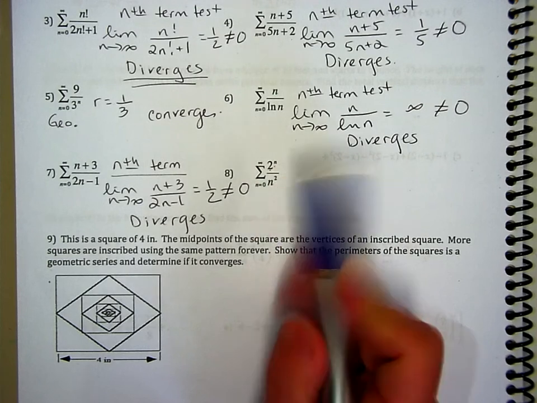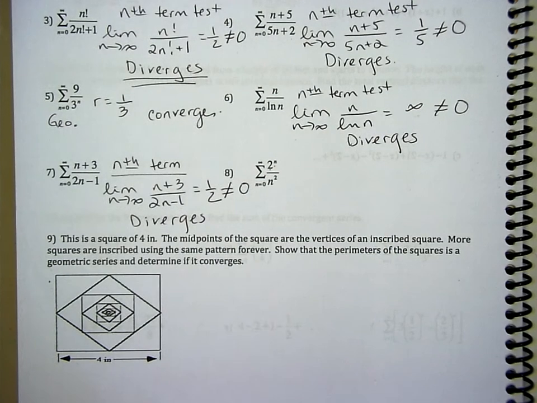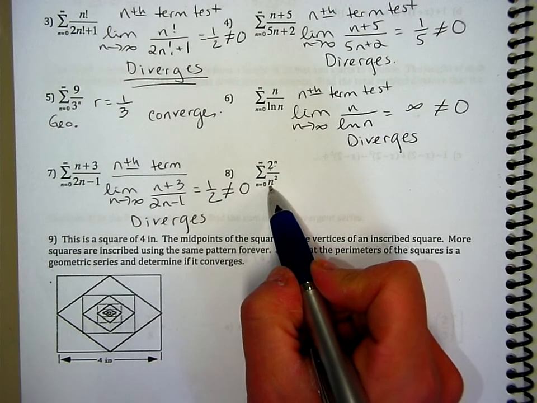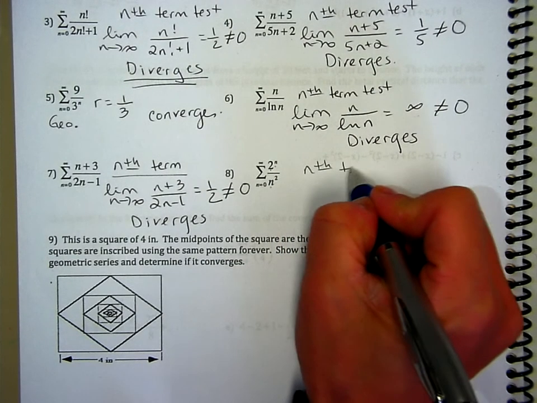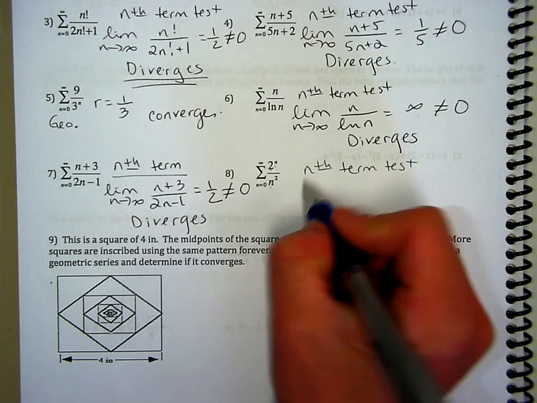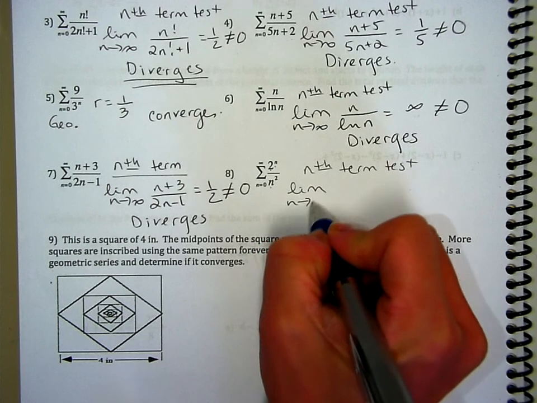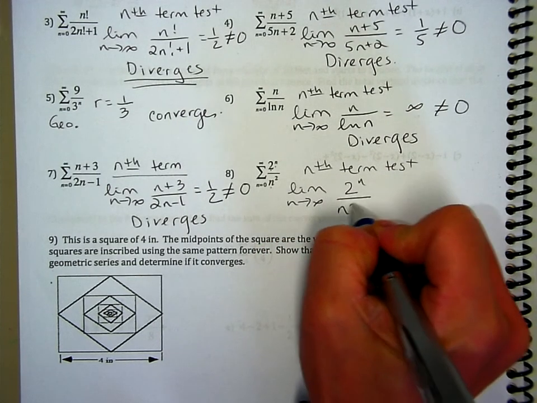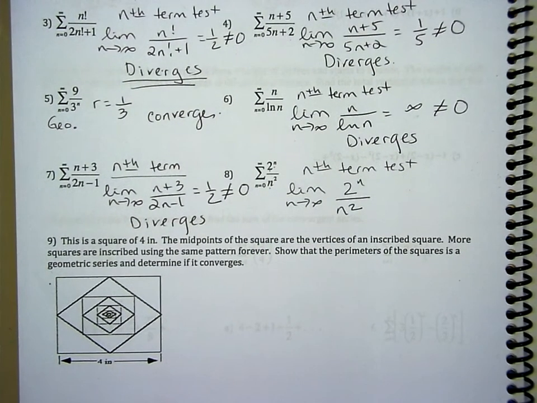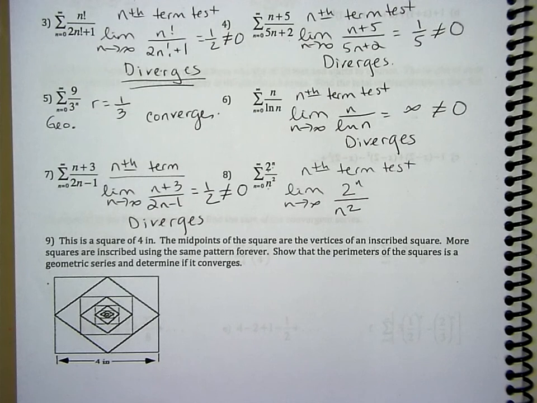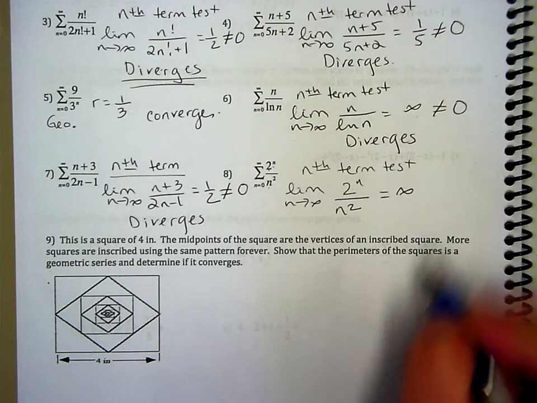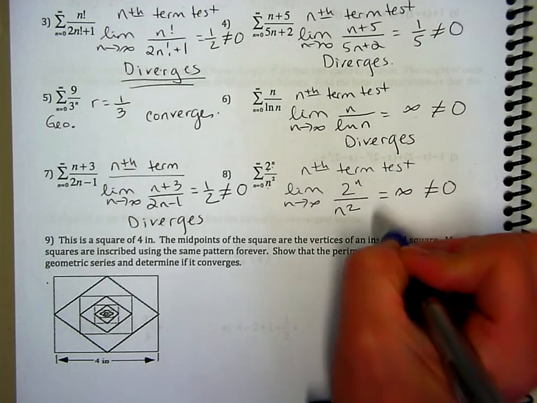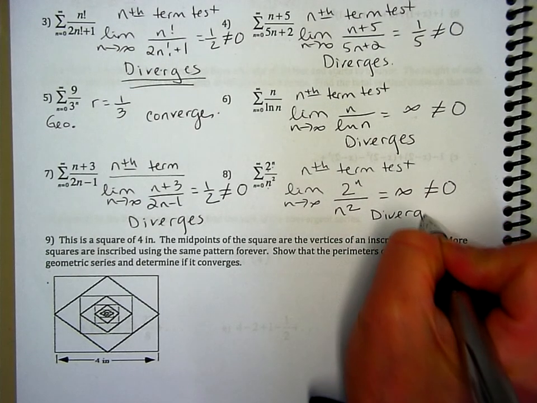If you had that by itself, yes, it would be a geometric, but then on the bottom you have the n squared. So this is not a geometric, so you do have to use the nth term test. I'm going to take the limit of the general term, 2 to the n over n squared. Again, you will get infinity over infinity. You can use L'Hopital's rule a couple times, or if you understand that an exponential grows quicker than a quadratic, I know this limit is infinity, which is not 0, and I can say for sure this diverges by the nth term test.